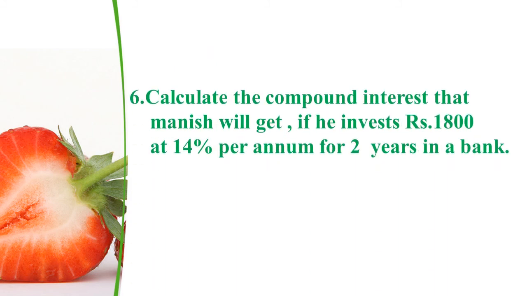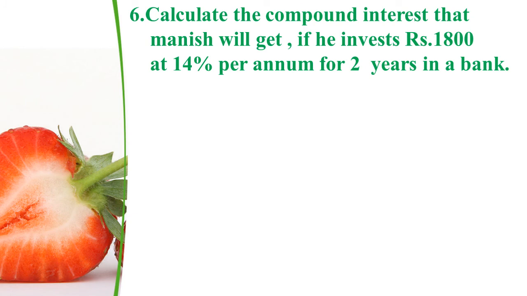Next question. Calculate the compound interest that Manish will get if he invests rupees 1,800 at 14% per annum for 2 years in a bank. Here, principal amount is rupees 1,800. Rate of interest is 14%.